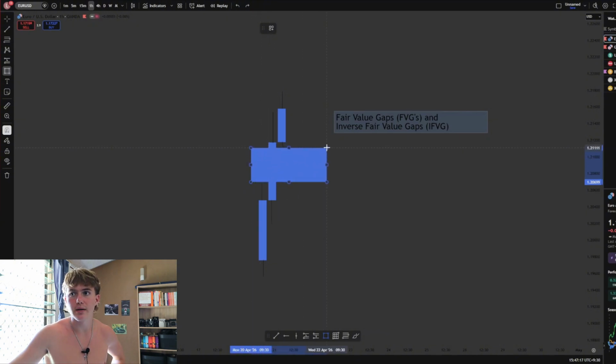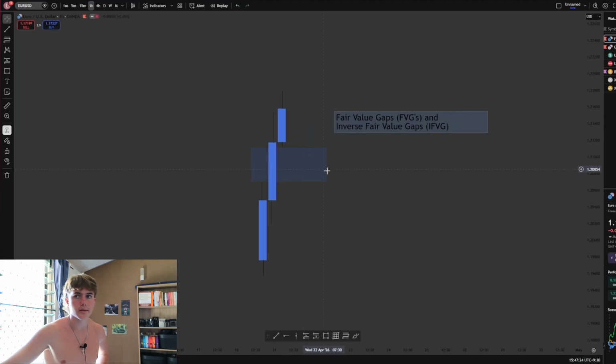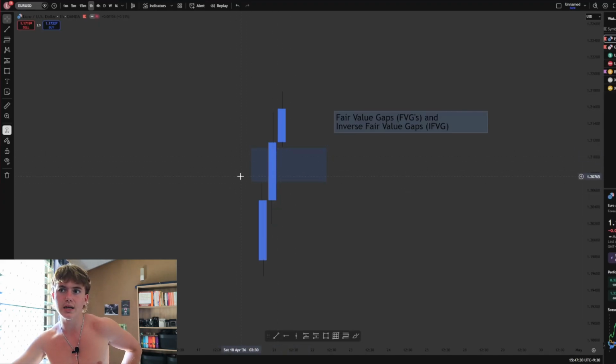It's basically where orders aren't filled, I think. It's like a void of where orders haven't been. No one was really buying or selling in here. The wick here is buyers pushing it all the way up, but then the sellers came in and pushed it back down to this close.